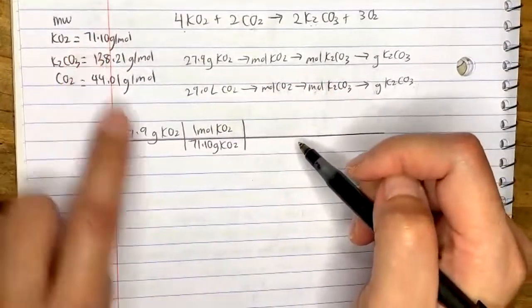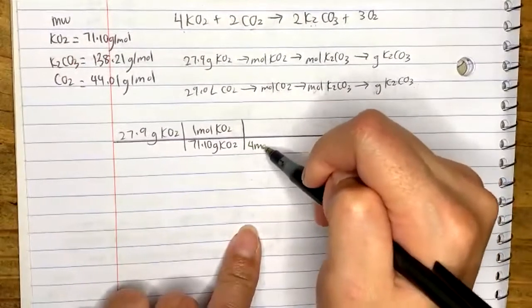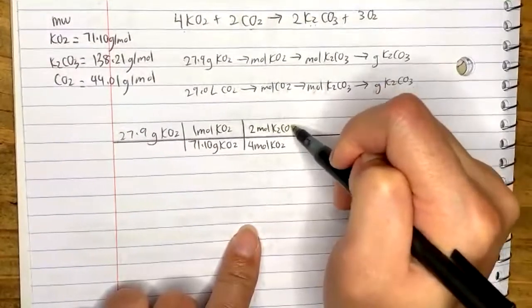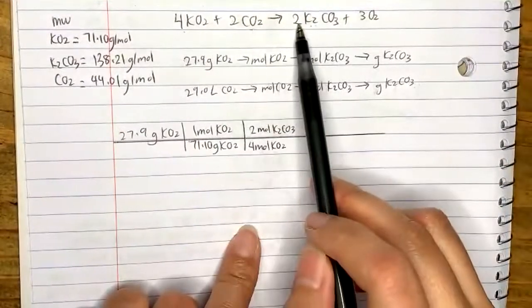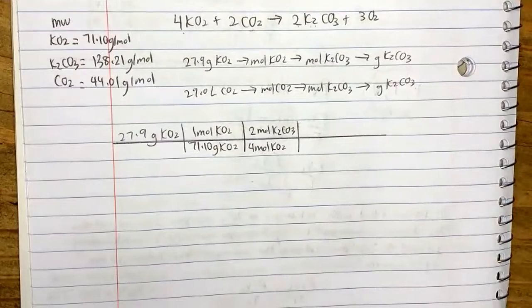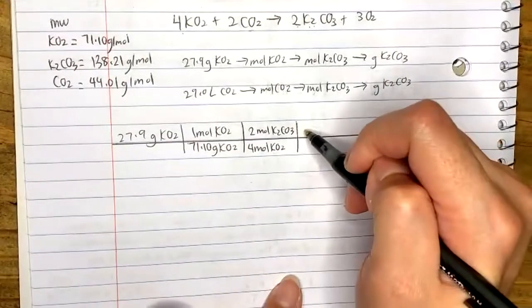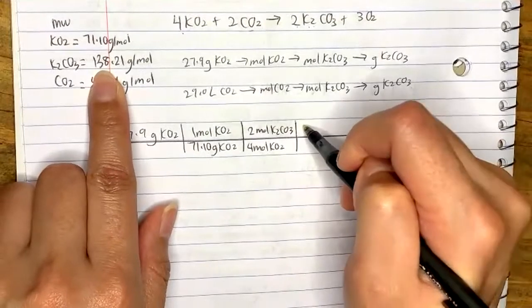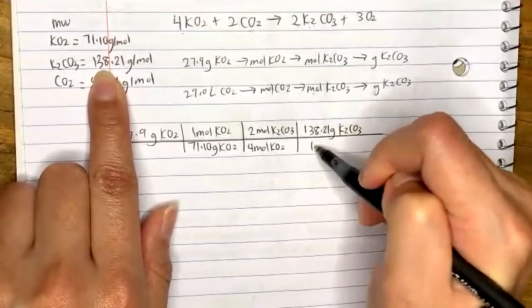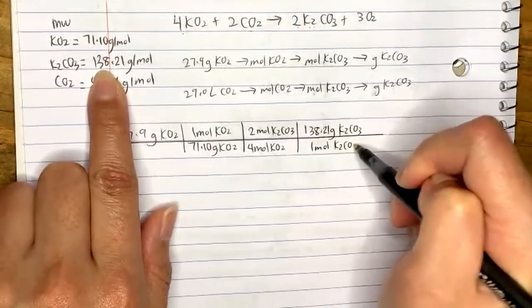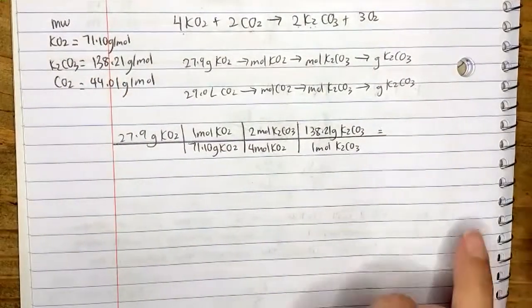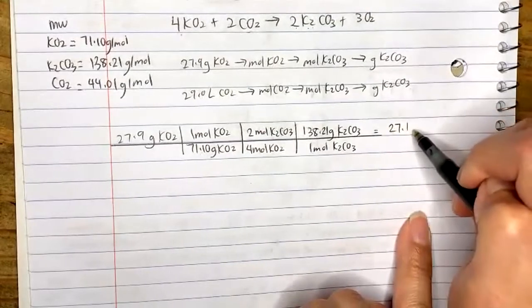The mole to mole ratio is 4 to 2. You guys see that? And then for K2CO3, 138.21 grams, it's still 1 mole. So you can get the grams of K2CO3 there. You should get 27.1 grams.